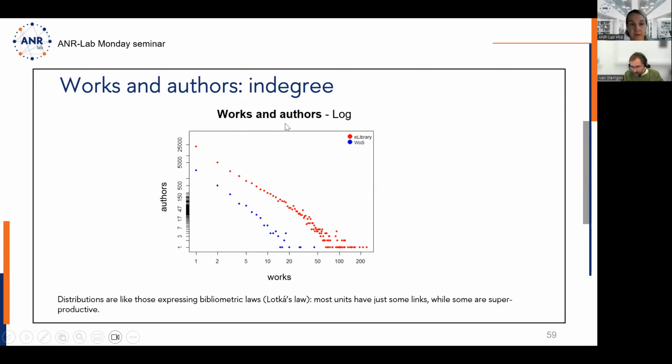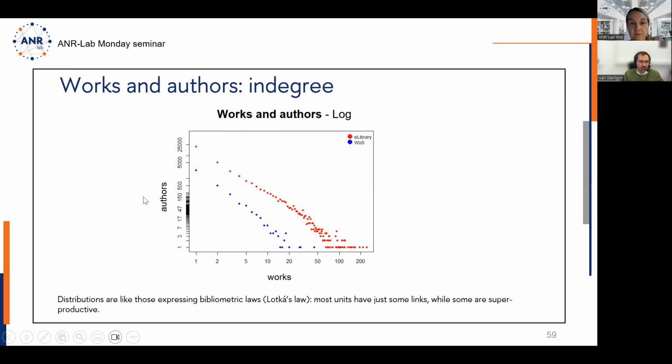So here you can see the works and authors network, and this is the in degree. So you can see the number of authors, and how many works they have written. And this is for two data sets, for eLibrary, the red one, and for Web of Science, the blue one.